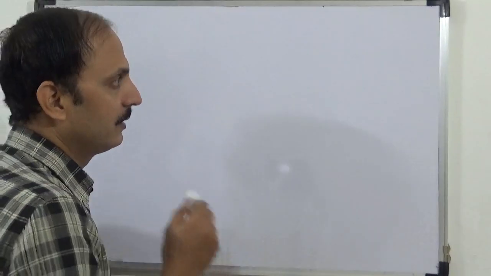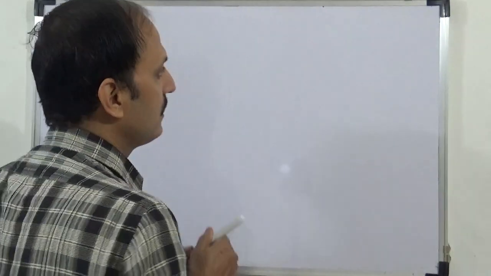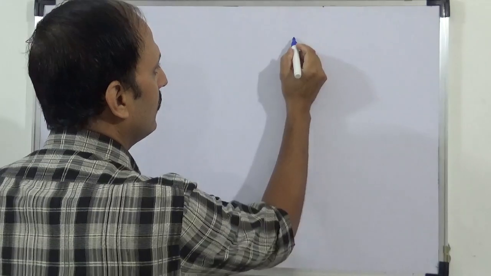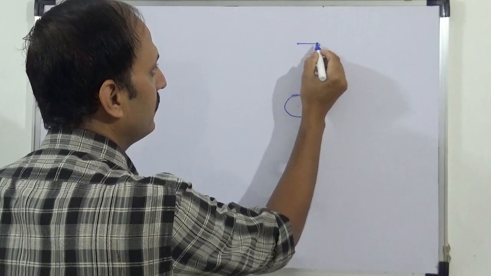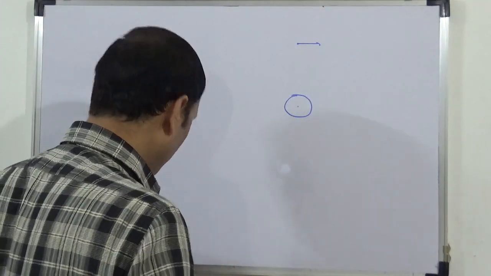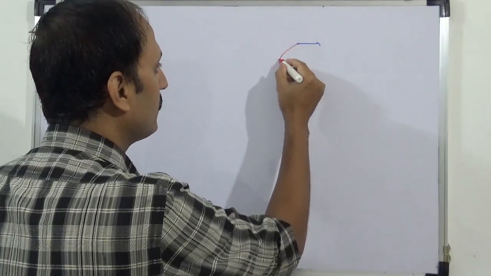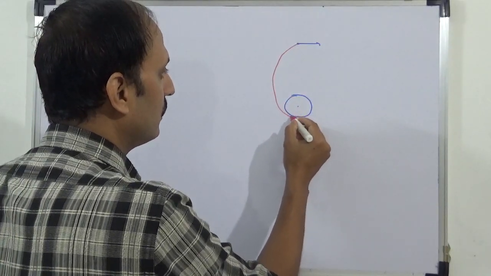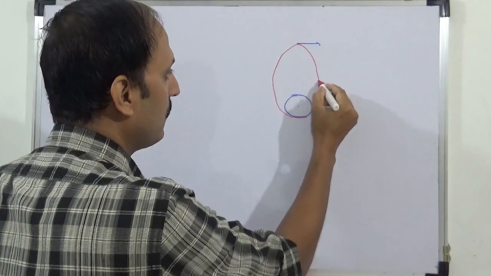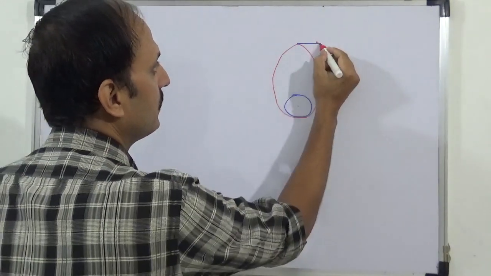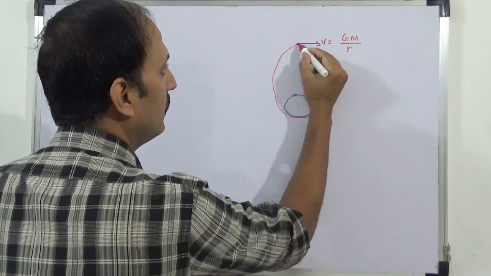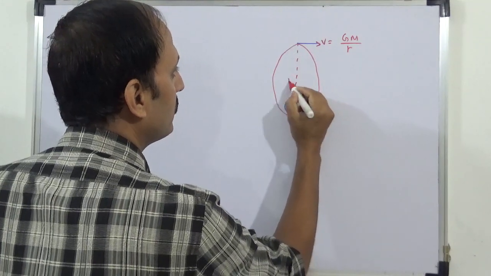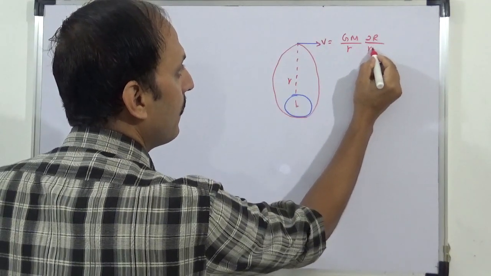Again, if I just quickly revise this, if we are launching a satellite tangentially, earth is here, the minimum velocity by which it is going to execute this was the minimum velocity which it is going to launch. This we have proved, that is root of GM by r, this distance was r, into 2r by r plus r.